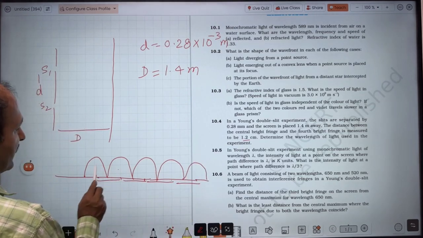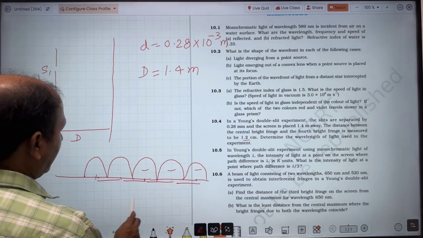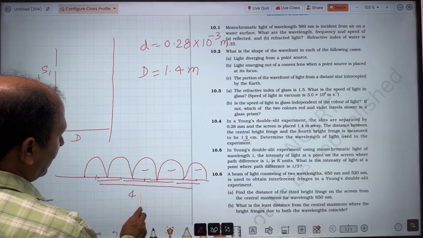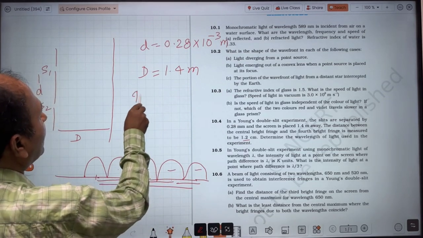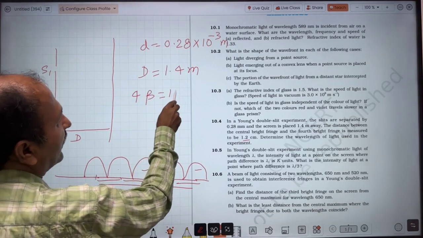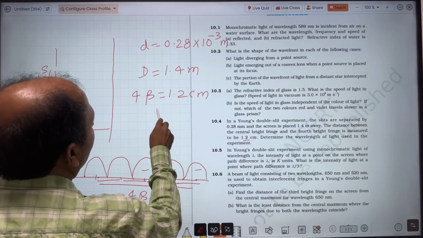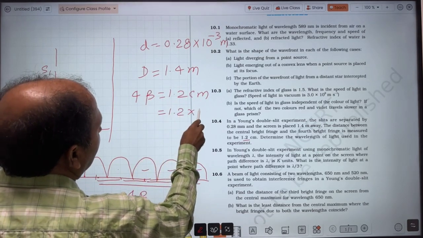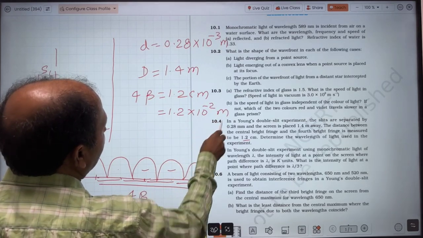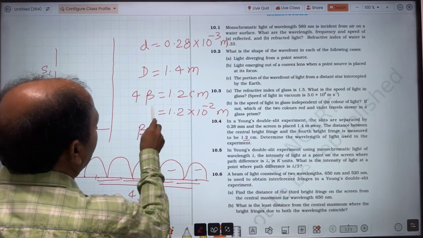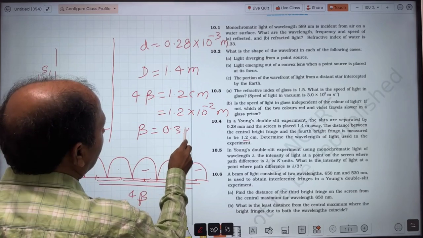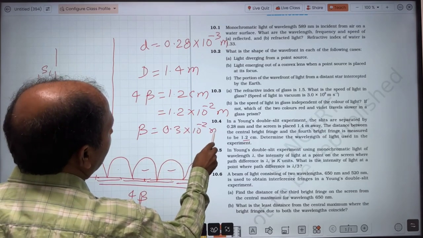This is first bright, second bright, third bright, fourth bright. So this distance is given as 4 beta. So 4 beta is equal to 1.2 centimeter, or 1.2 into 10 to the power minus 2 meter. So beta will be, divided by 4, 0.3 into 10 to the power minus 2 meter.